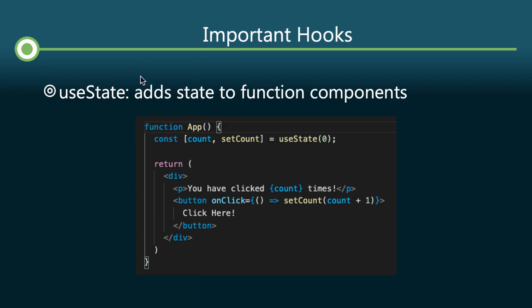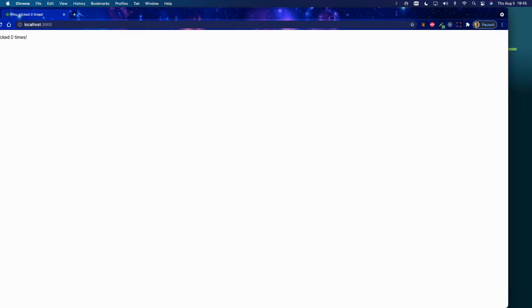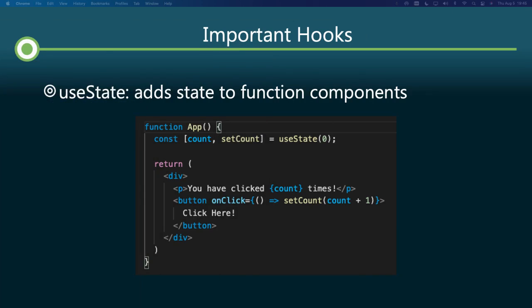So what this creates is just a regular div that says you have clicked this many times, and the component is re-rendered every time the state is set. That is the useState hook.